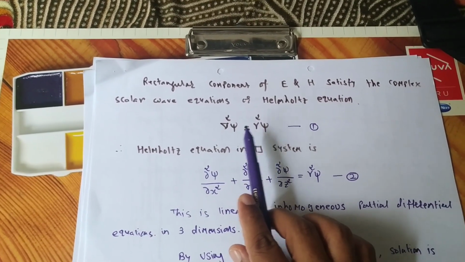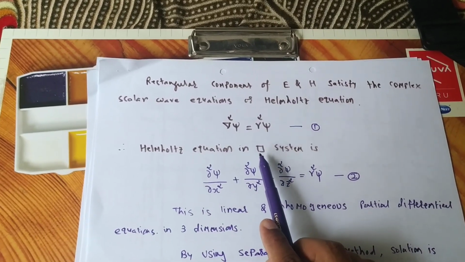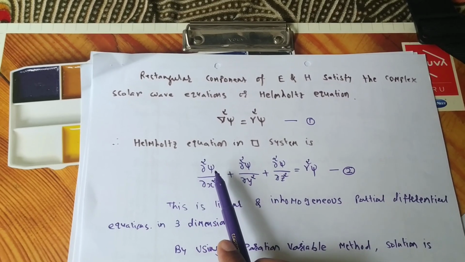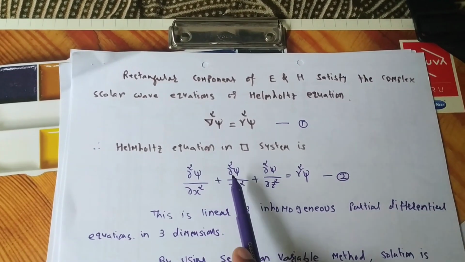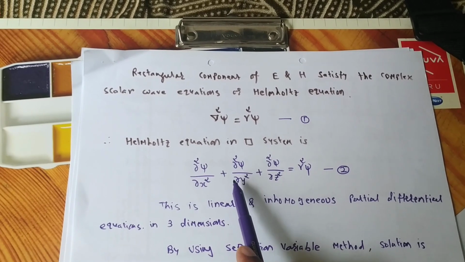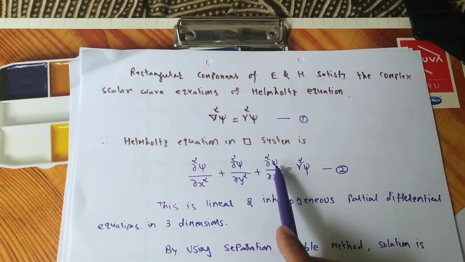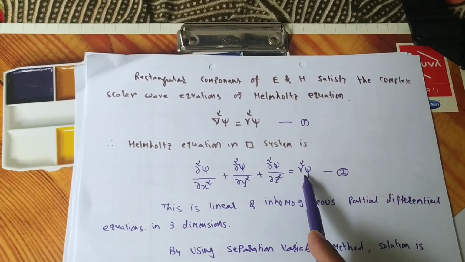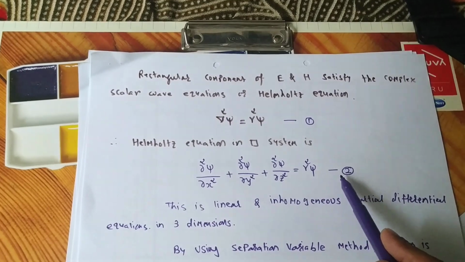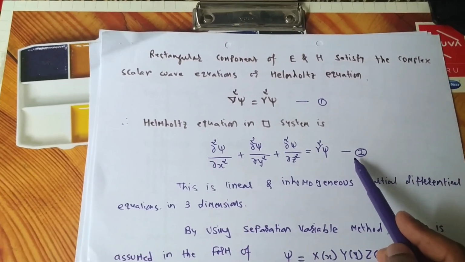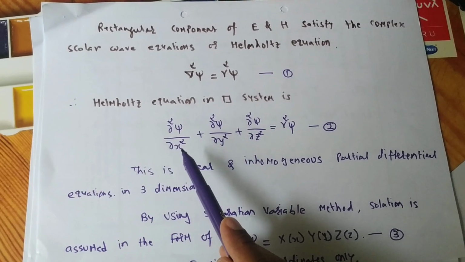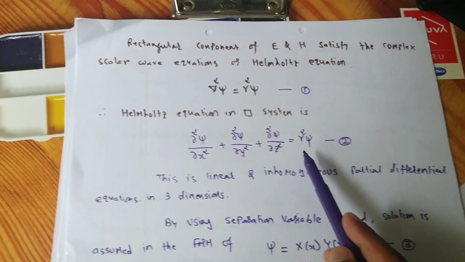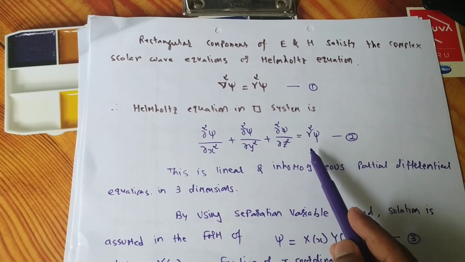I can express this Helmholtz equation in the rectangular coordinate system as del square sigma by del x square plus del square sigma by del y square plus del square sigma by del z square equal to gamma square sigma. I will consider this as equation 2. You can clearly see that this is a linear homogeneous partial differential equation, so we have to solve it.